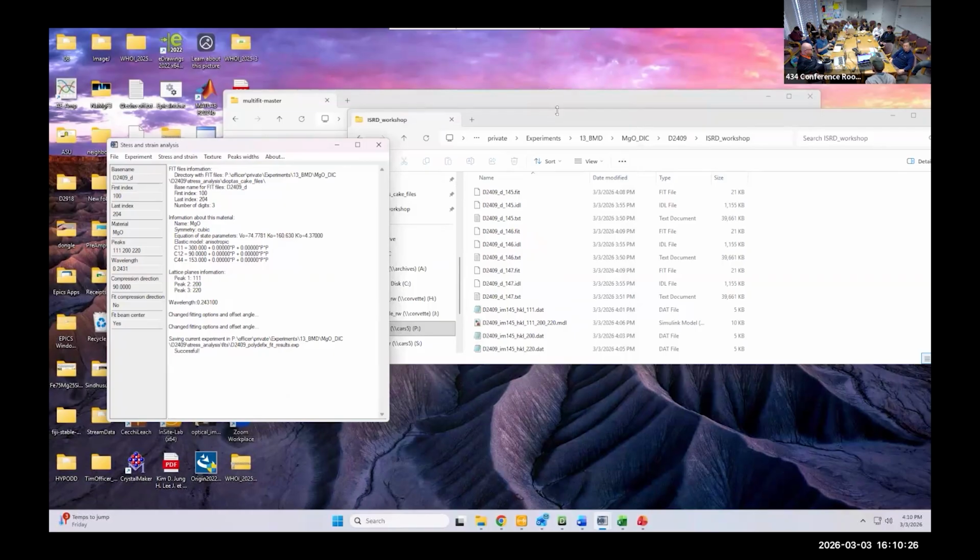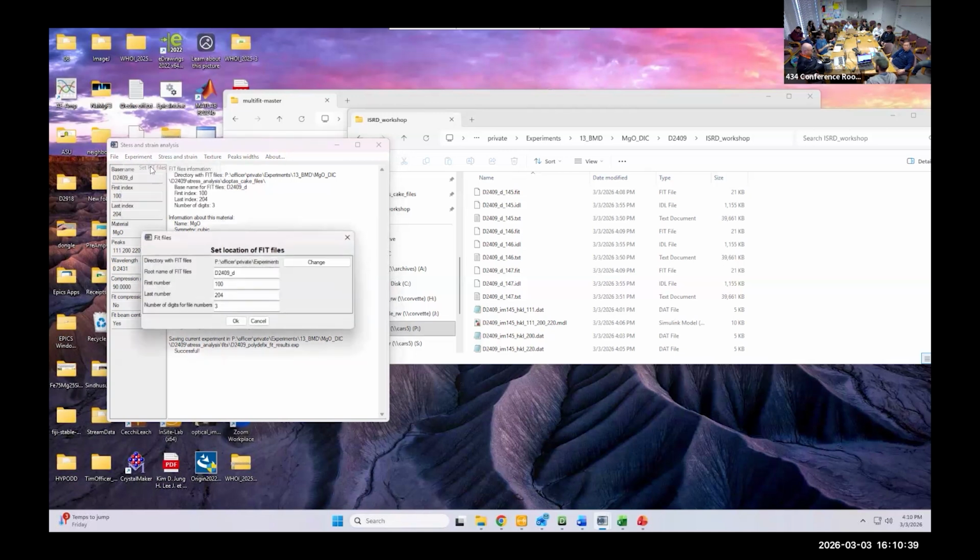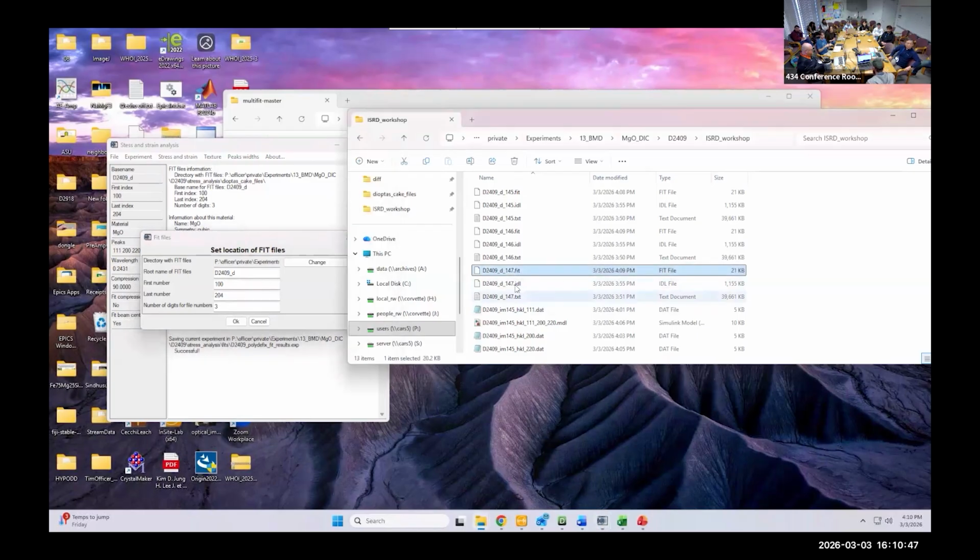There's another program called MAUD, which I've never really used, but it also does this same sort of analysis. So there's a bunch of things we have to set up first. Set fit files: it saved the fits in the directory here, and we have to tell it which files to import.